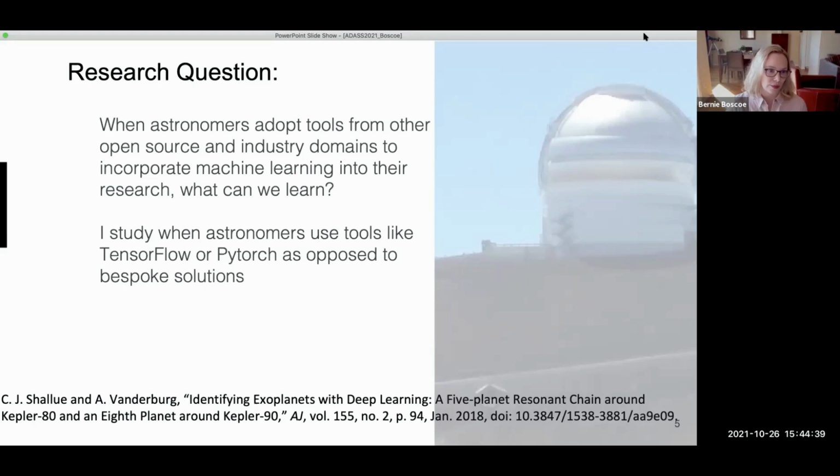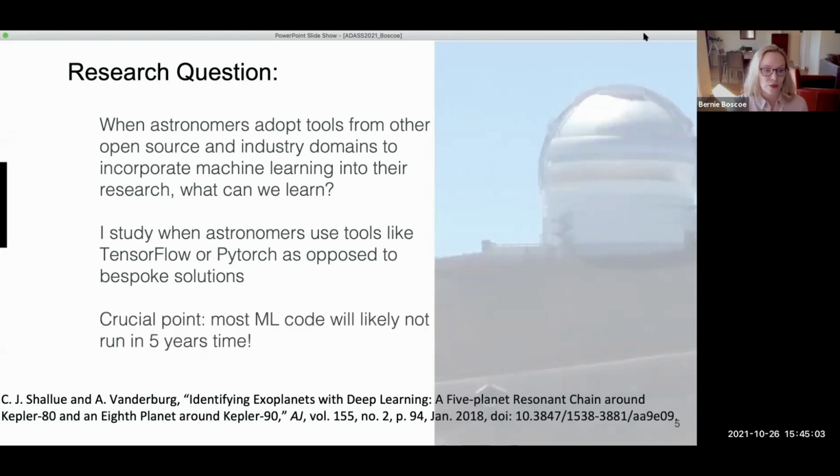In particular, I'm studying when astronomers use tools like TensorFlow or PyTorch, as opposed to these bespoke solutions like building them, or astronomers are doing a combination of both. They might be using TensorFlow and building their own C++ algorithms that might go along with TensorFlow.